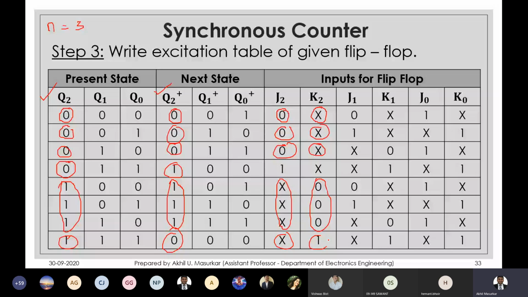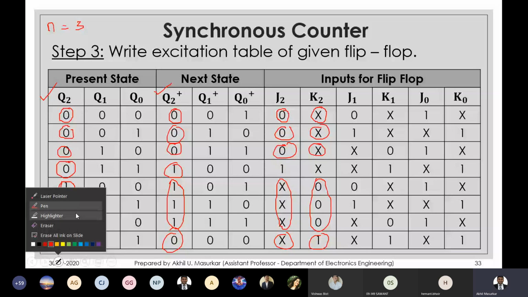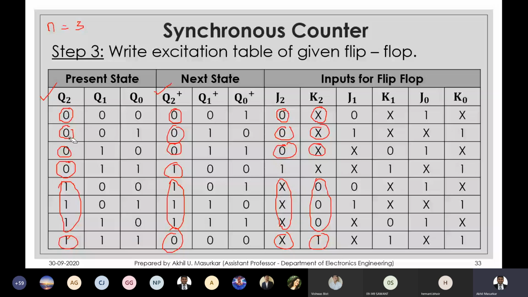So basically what you can see here is that I wrote J2 and K2 in terms of Q2 and Q2 plus. Similarly, I will write J1 and K1 in terms of Q1 and Q1 plus, and J0 and K0 I will write in terms of Q0 and Q0 plus.